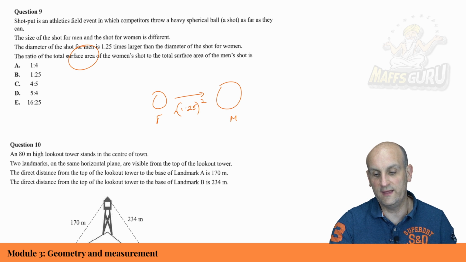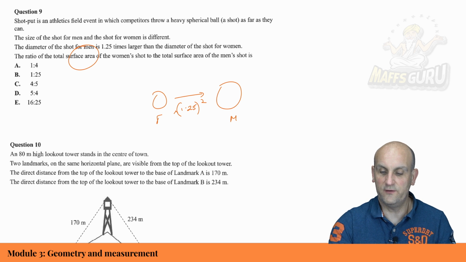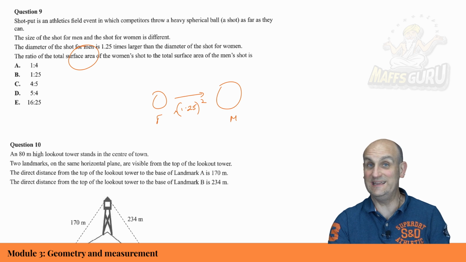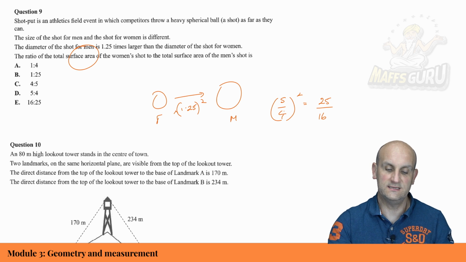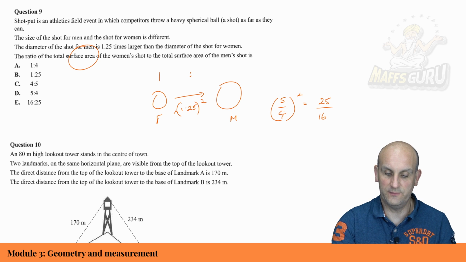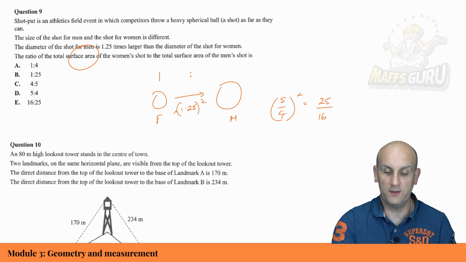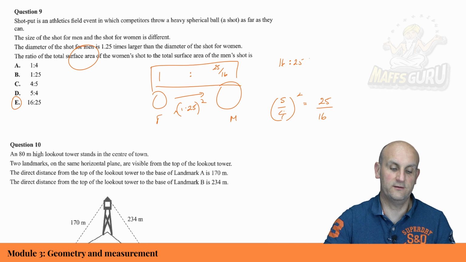So I'm going to write that as 5 on 4 squared, because 5 squared is 25 and 4 squared is 16. What that means is that if this has an area of 1 unit, this is going to be 25 on 16. Because it wants us to write it in a slightly nicer way, I'm going to multiply both sides by 16, which gives me 16 to 25. And so I think E is the correct answer.